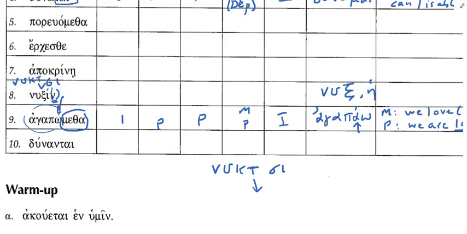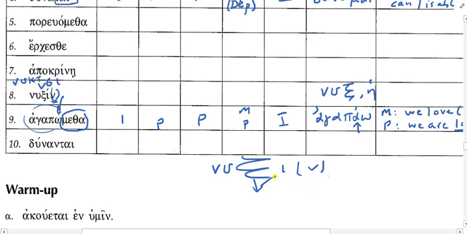So the tau goes AWOL on us. And then I'm left with a kappa and a sigma. And what do those like to combine to become? They combine to become a xi. And then you can't xi it properly. So you get that. Okay? And then my movable nu is tacked on at the end.